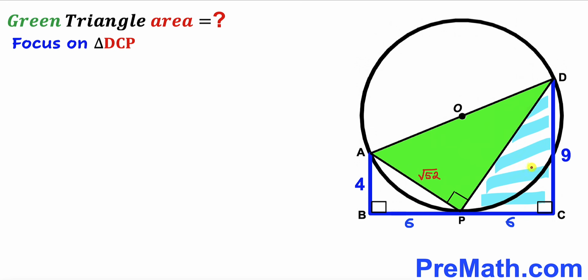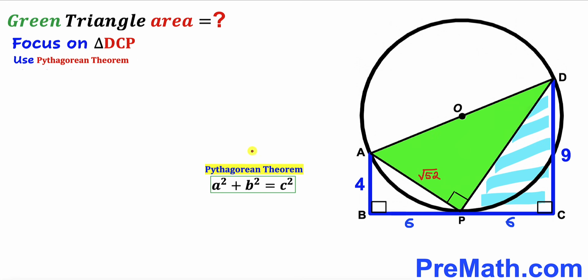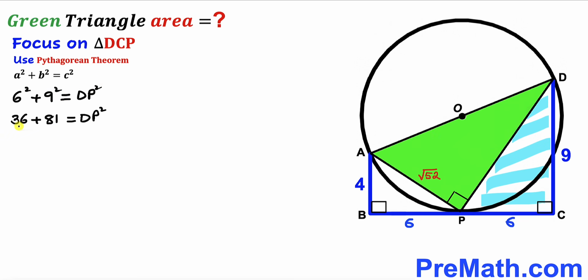And now we are going to focus on this other right triangle DPC, and we are going to apply the Pythagorean theorem on this triangle as well to solve for this side DP length. And here's our Pythagorean theorem once again: a squared plus b squared equals c squared. In our case our hypotenuse is DP, whereas our two other legs are 6 and 9. Let's fill in the blanks in this formula. So we got 6 squared plus 9 squared equals DP squared. So our DP squared value is going to be 117.